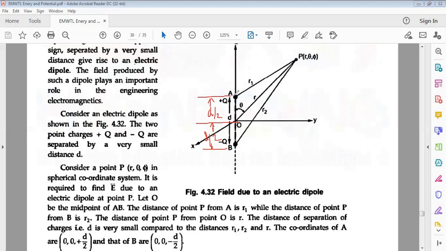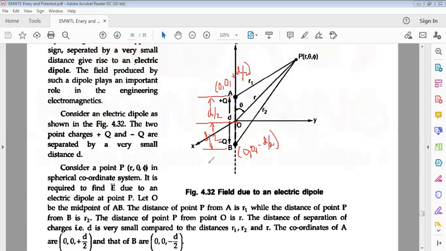The coordinates of A: A is on the z-axis, so the x value is 0, the y value is also 0, and the z value is plus d by 2. B is also on the z-axis, so the x value is 0 and the y value is 0, and because it is on the negative z-axis, the z value is minus d by 2.